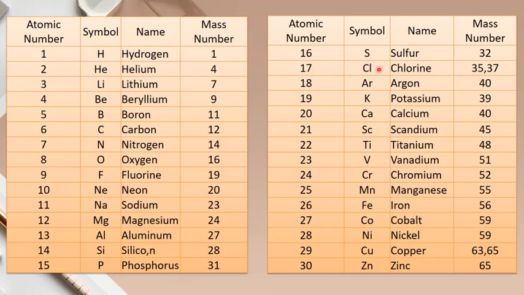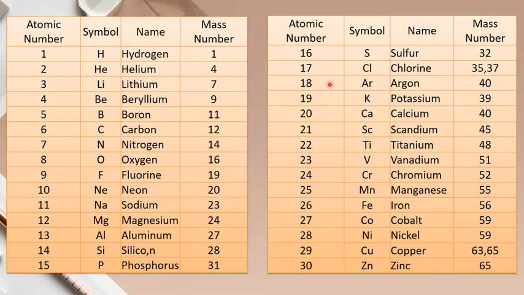But there are some atoms of chlorine which have 18 neutrons, and for these chlorine atoms, the mass number is 35. But some chlorine atoms have 20 neutrons, and for them the mass number is 37 because they have 20 neutrons and 17 protons.